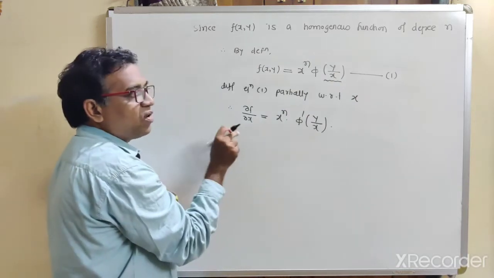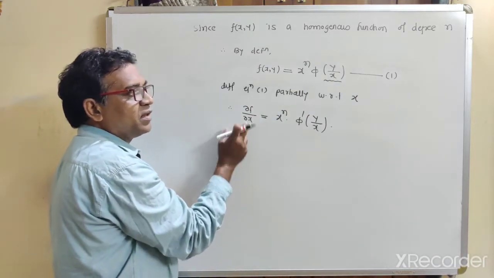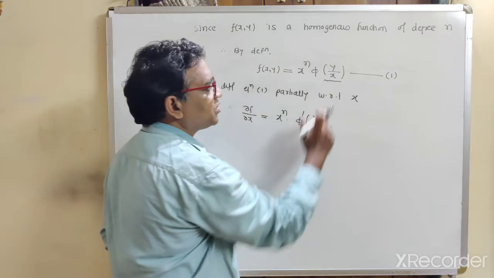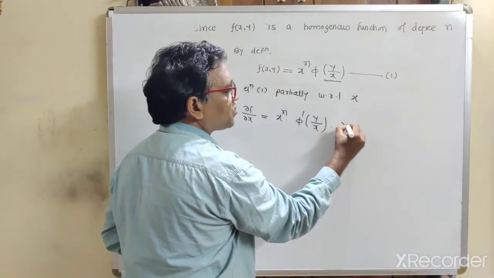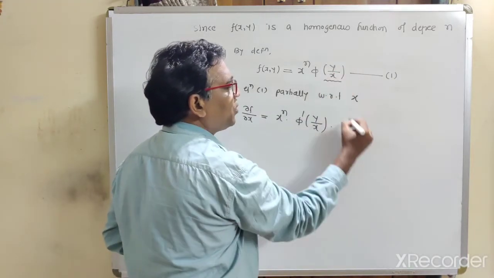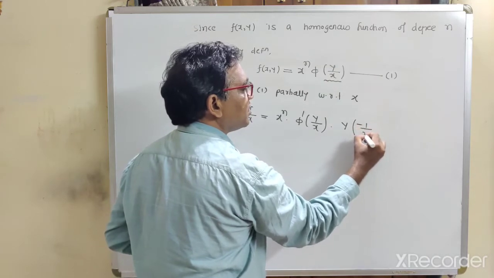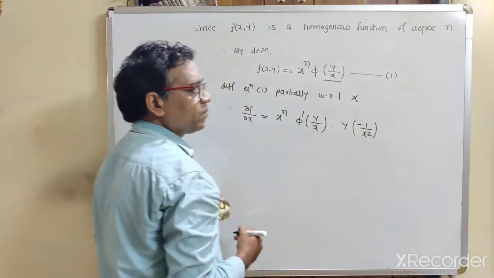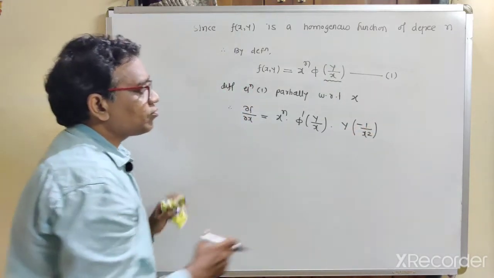Keeping y constant, the derivative of 1 upon x is minus 1 upon x square.